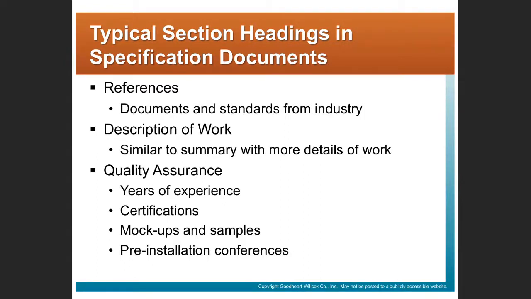A lot of trade organizations have standards. The trade organization for paints and coatings may have a standard, and the specification will say all paints and coatings shall adhere to the requirements of the American Paint Society standard number 6257.